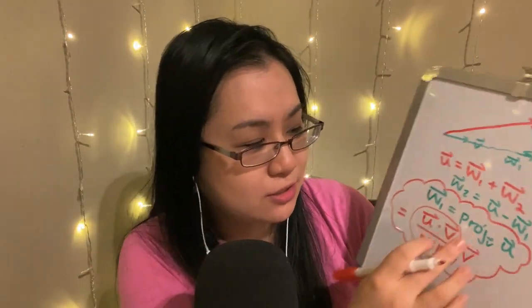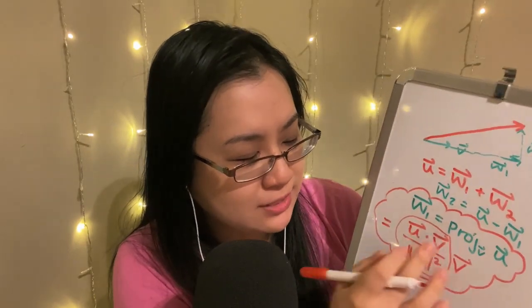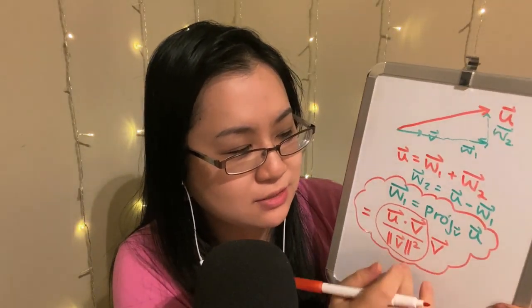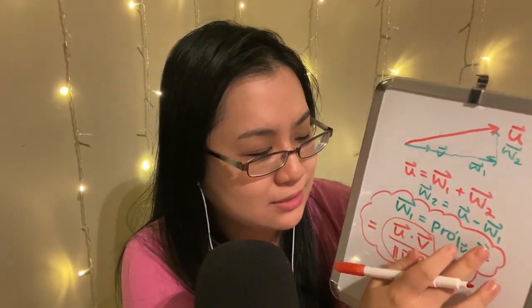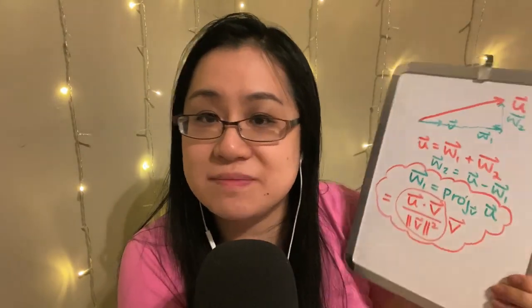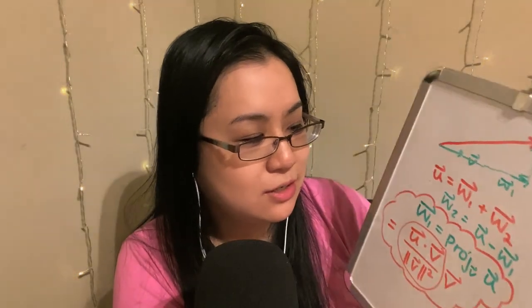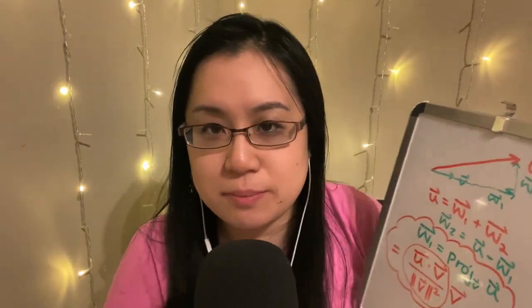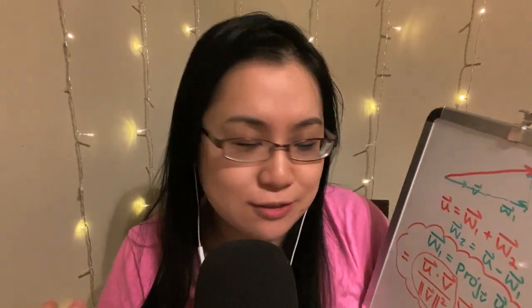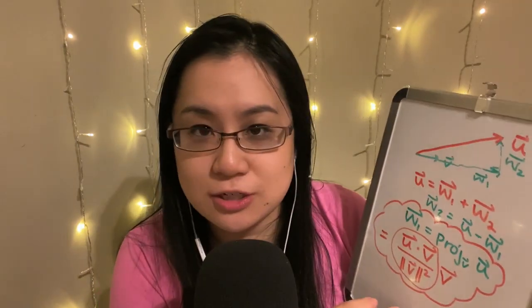So the x part of U minus the x part of this mess, and then the y part of U minus the y part of this thing, and it should all work out. So that's it. So W2 is not the projection, it is just the remaining part. It's the perpendicular vector. It's perpendicular to the projection.